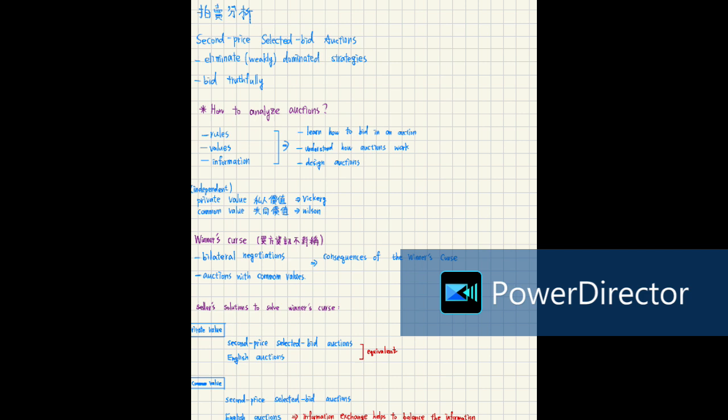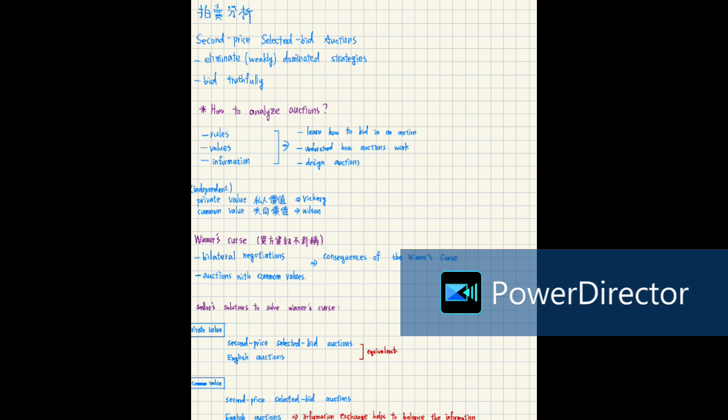The first is second price sealed bid auctions. That is, the second highest price will win the auction, not the first highest, because the first highest is the winner's curse, right? The first usually bids too much over the auction's value. For the common value, yes, English auctions.